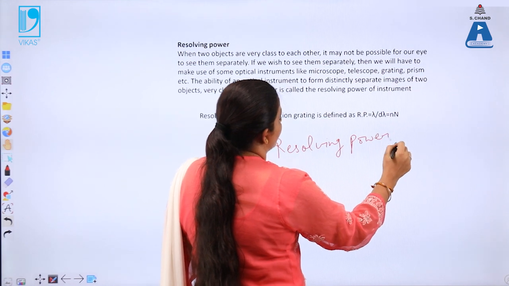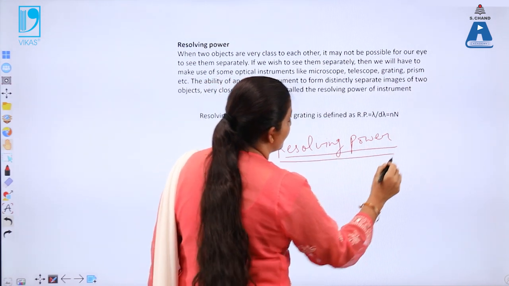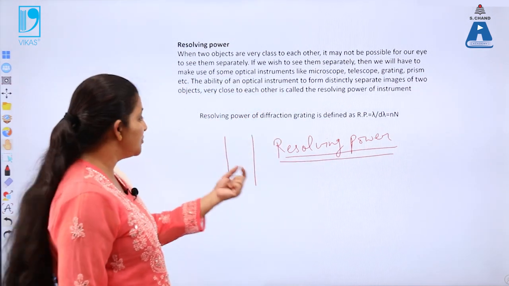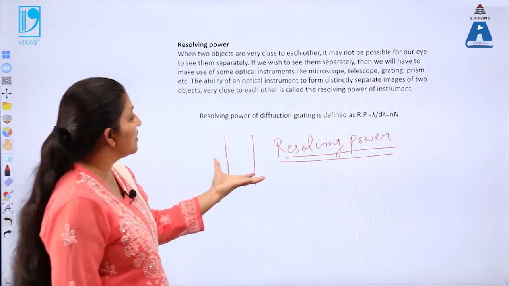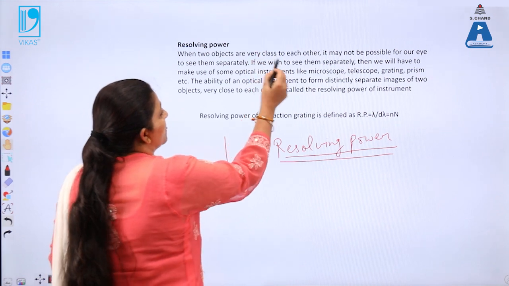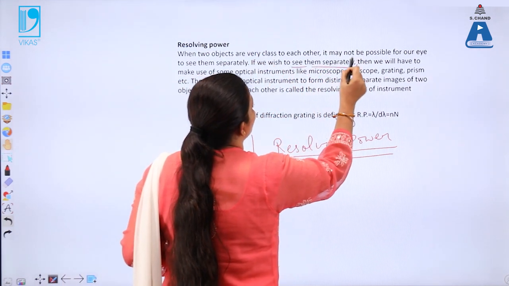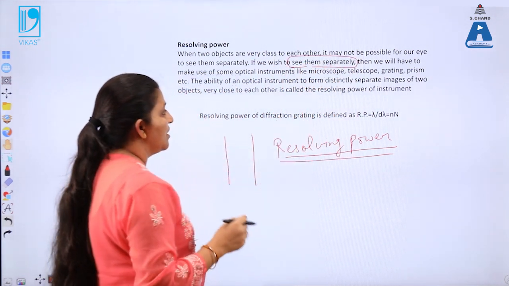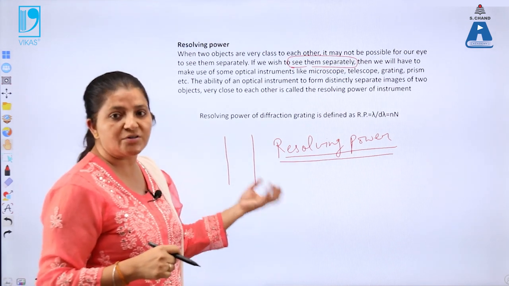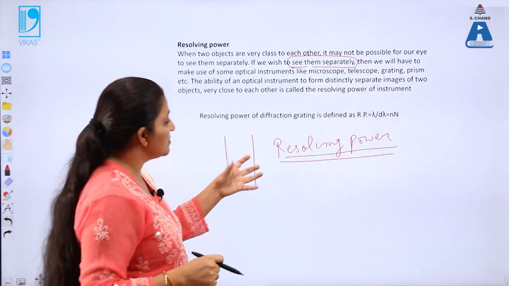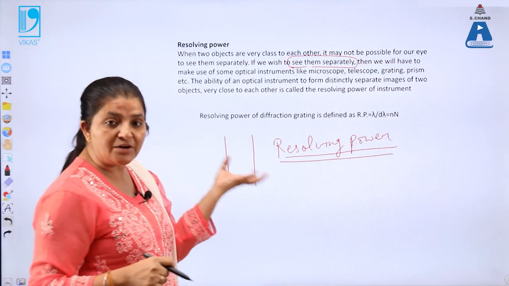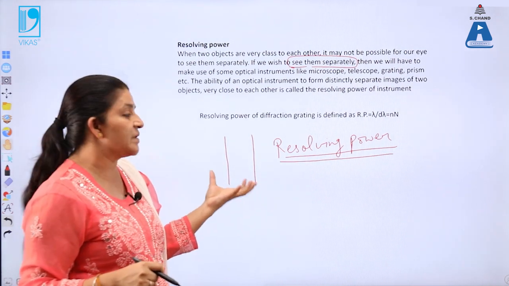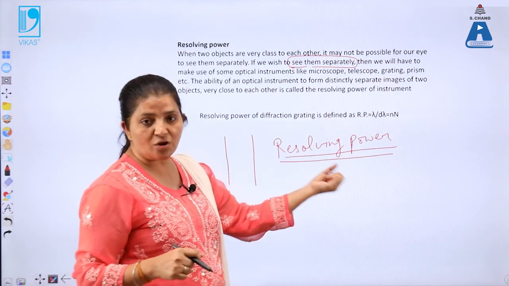So resolving power defines the ability of an optical instrument to distinguish between two objects or to see them separately from each other. So when we want to see two objects separately by using a microscope or a telescope, the ability of that optical instrument is measured in terms of resolving power.